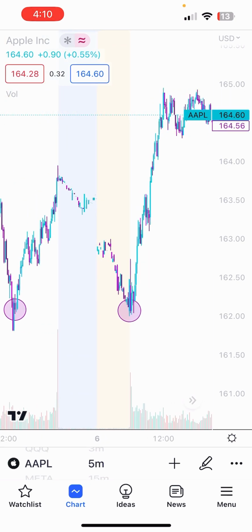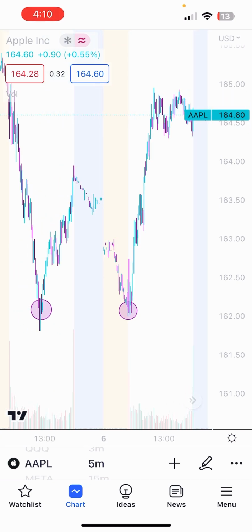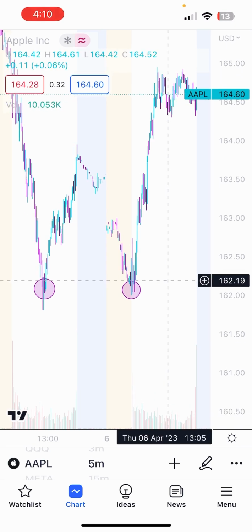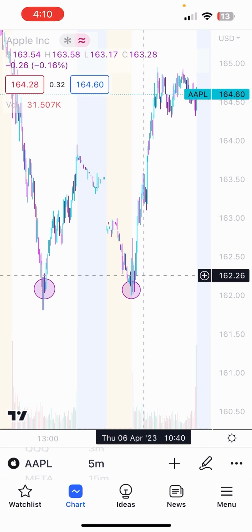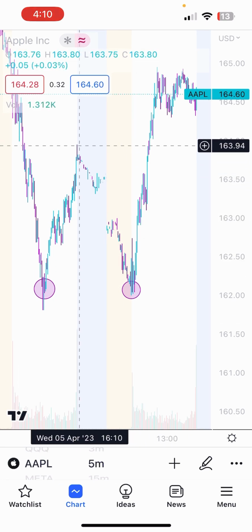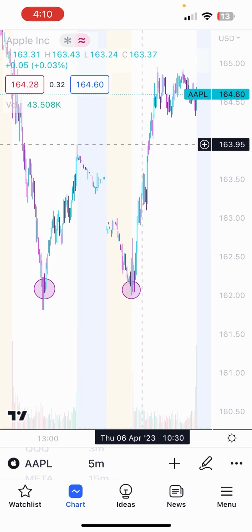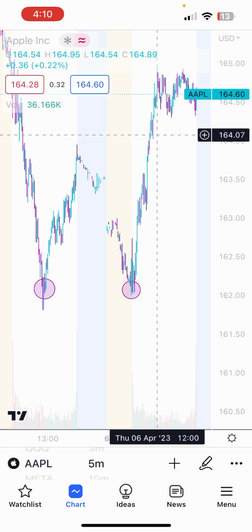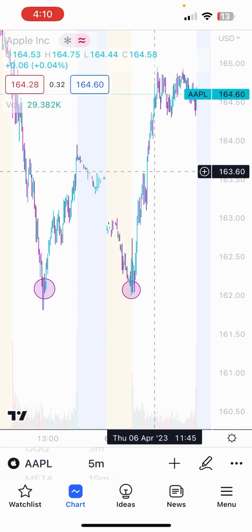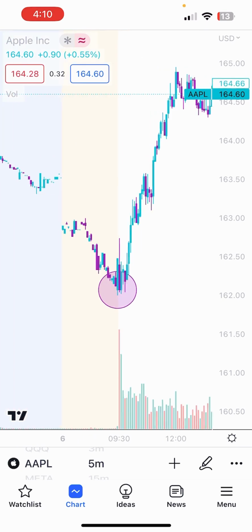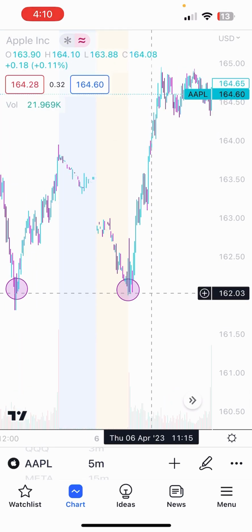As soon as you identify that it's a double bottom and it starts going up, you ride the wave. When do you get out? When you see the price hitting that neckline, that's your way out. You know how many percent this move is?